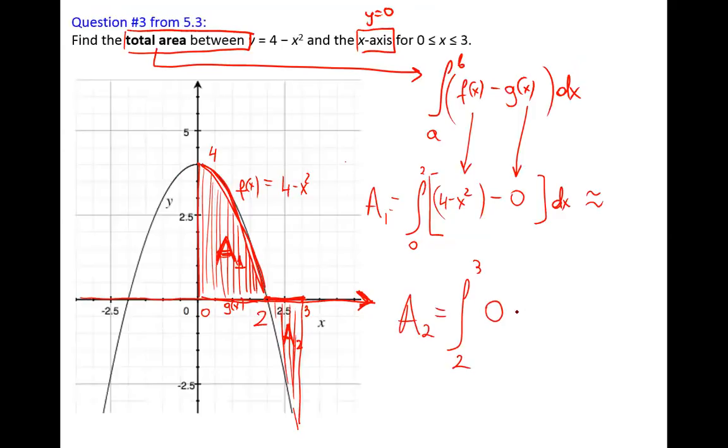That means 0 is my g of x, this is g of x, and f of x is below. We are definitely switching the order. F of x will be the parabola, and we have to subtract. And of course, we have to estimate. We can count, you know how to estimate. But this is for me the most important part.